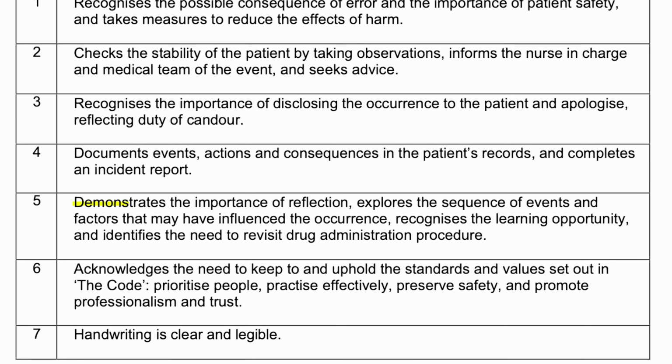The next point is demonstrate the importance of reflection, explore the sequence of events and factors that may have influenced the occurrence, recognize the learning opportunity, and identify the need to revisit drug administration procedure. So we all know Sam is a good nurse and didn't intentionally plan to kill the patient. It could be due to certain situations. These are the things that we consider as nurses, incidents that we need to learn from.